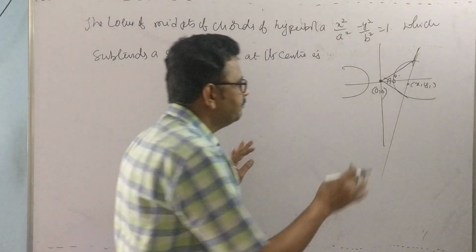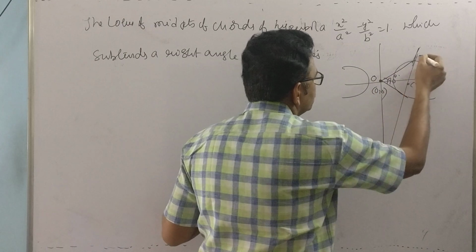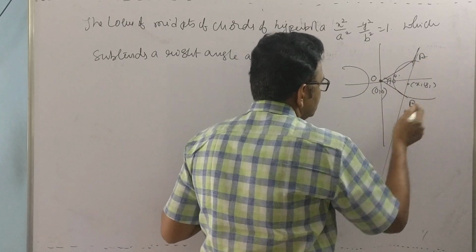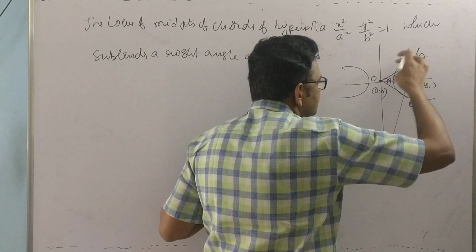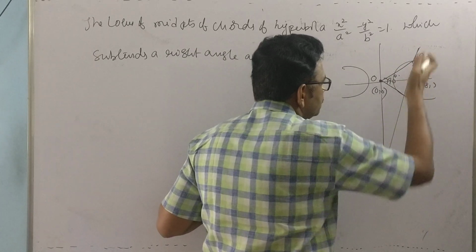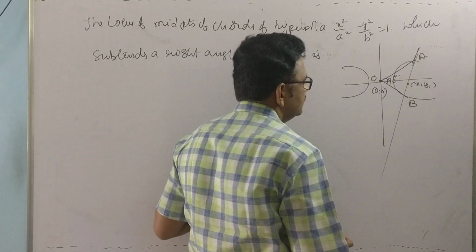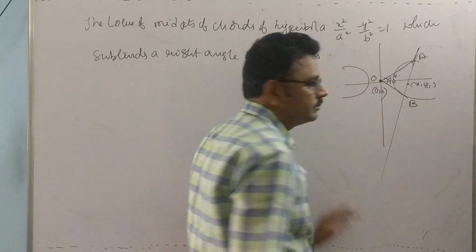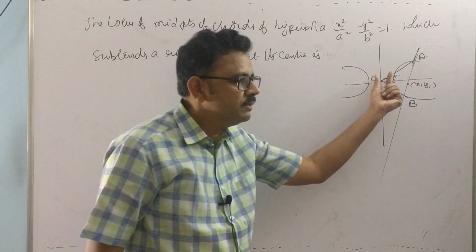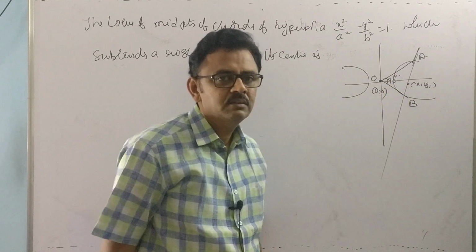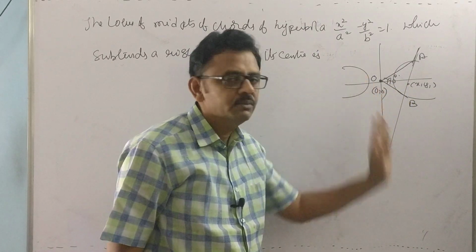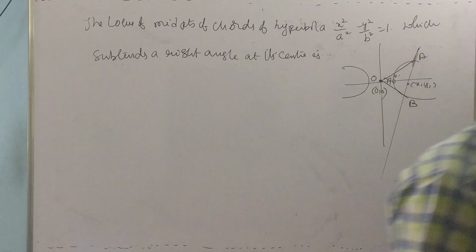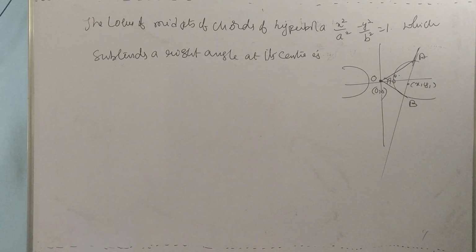We have to find the combined equation of the pair of lines OA and OB, by homogenizing the hyperbola equation with the help of this chord. Now we get the combined equation of the pair of lines OA and OB. Since the pair of lines are at right angles, the coefficient of x² plus the coefficient of y² equals 0, then we get the locus.